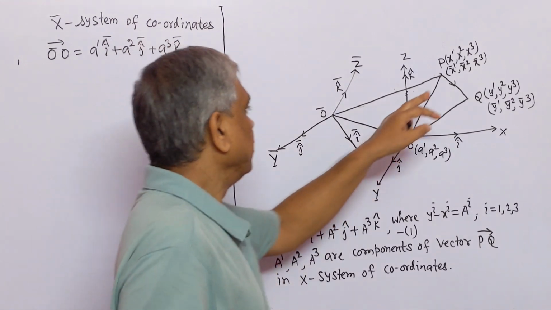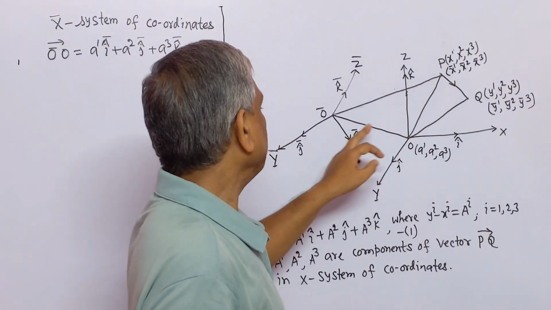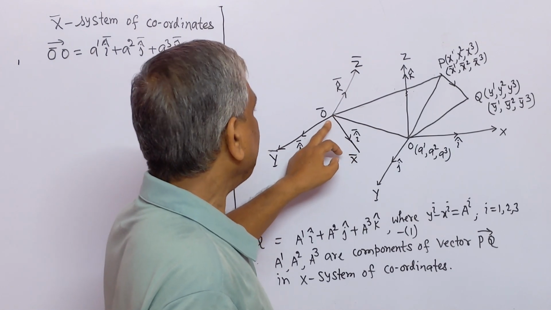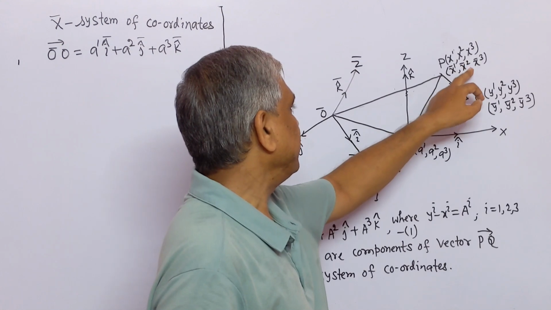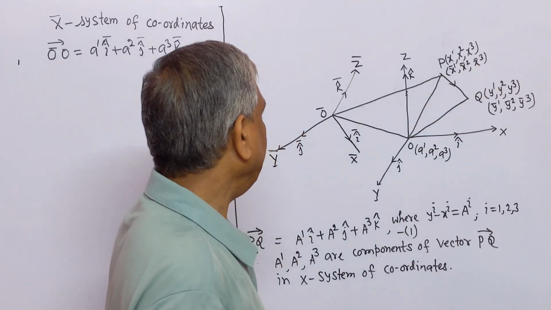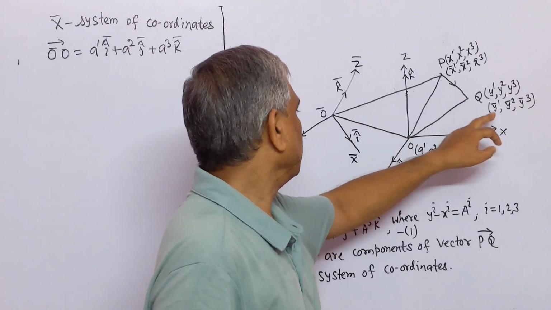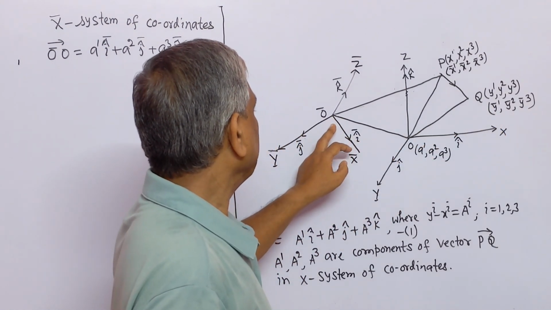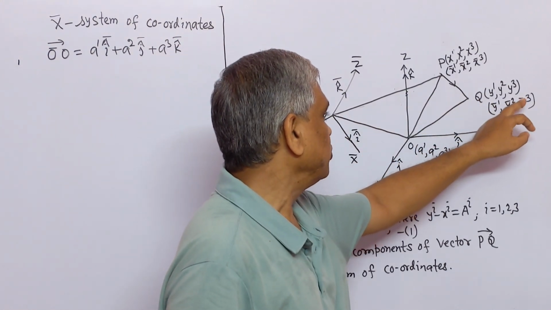Let the coordinates of point P with respect to the x bar system be x bar 1, x bar 2, x bar 3, and the coordinates of Q with respect to the x bar system be y bar 1, y bar 2, y bar 3.